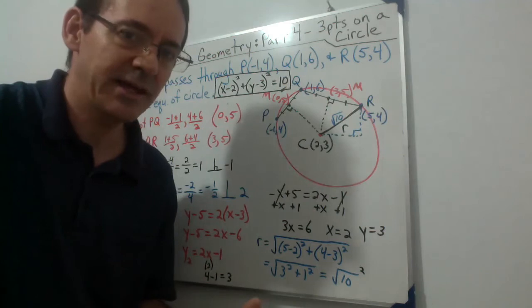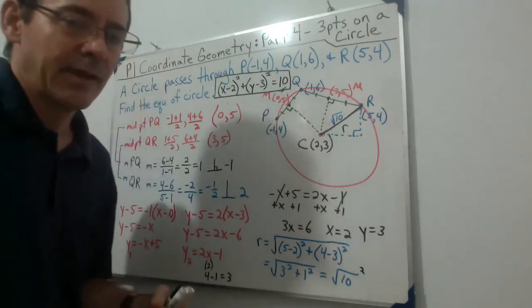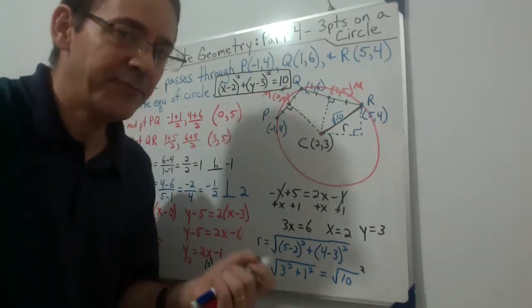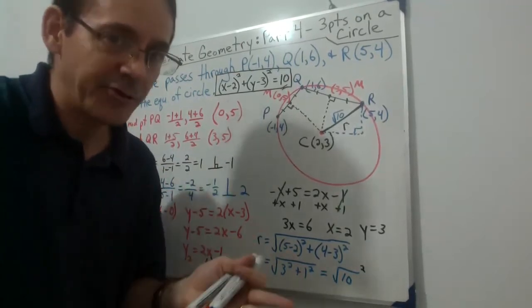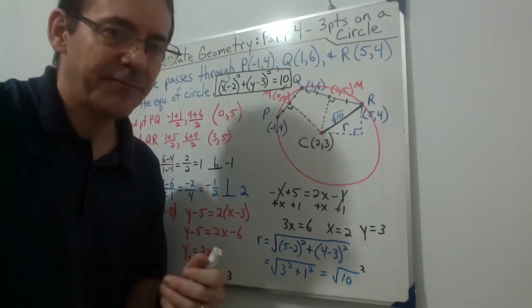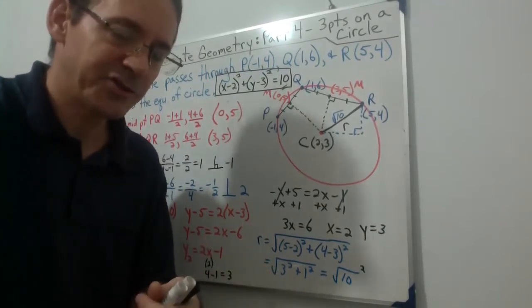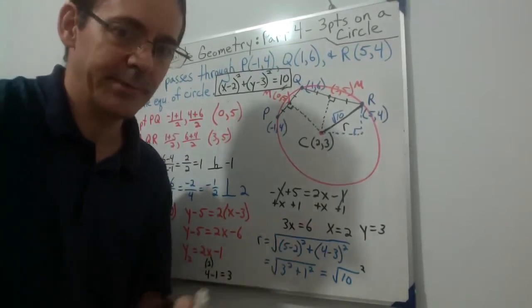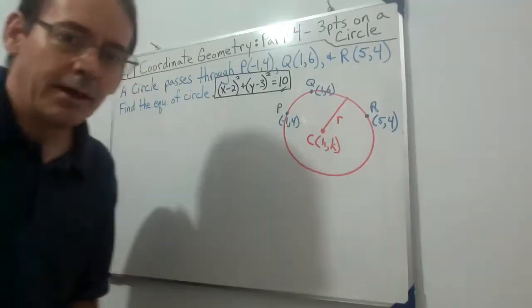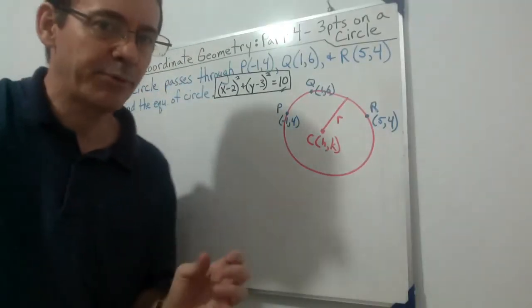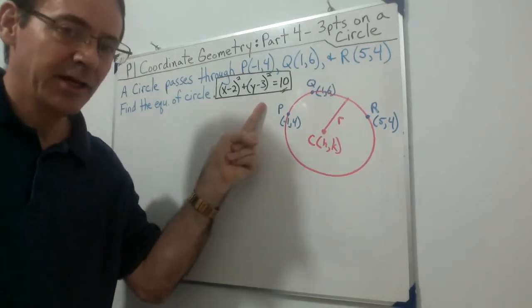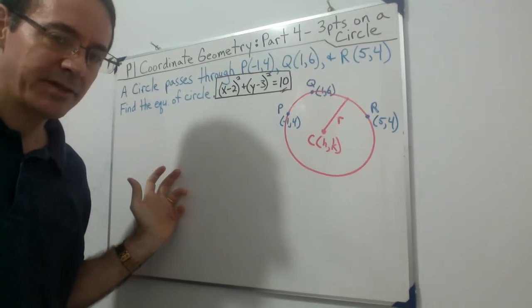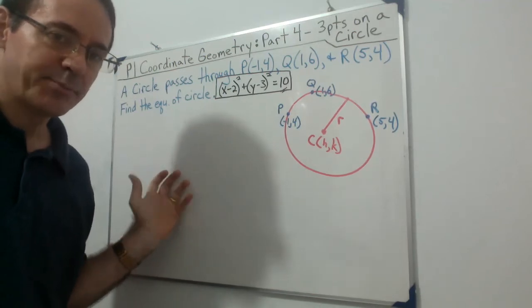So let me set it up again, and then I'll show you a different way that you can solve this all algebraically, if you prefer an algebraic approach as opposed to a geometric approach. Okay, here's the same problem. You notice I left up the answer from the geometric method I showed you previously.